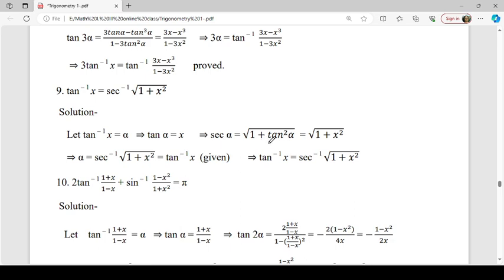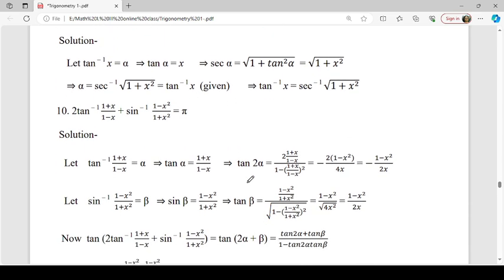Sec alpha is root over 1 plus tan square alpha, this is 1 plus x square, so alpha is equal to sec inverse of this. So first we have tan inverse x as alpha, and then we get alpha as sec inverse of this, so they are equal.